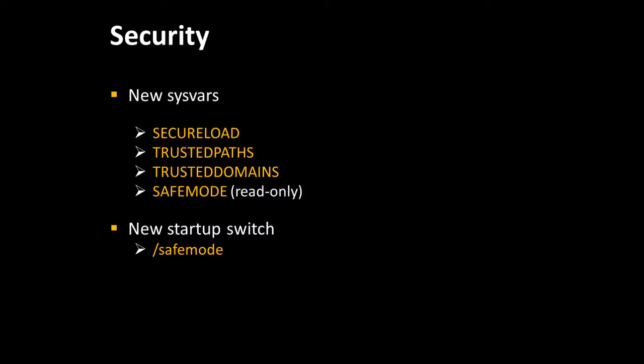TRUSTEDDOMAINS is a collection of trusted URLs, and we will see that in more detail when we talk about the JavaScript part in the second part of this presentation. And then SAFEMODE is a read-only system variable that will indicate if AutoCAD is running using the safe mode switch.